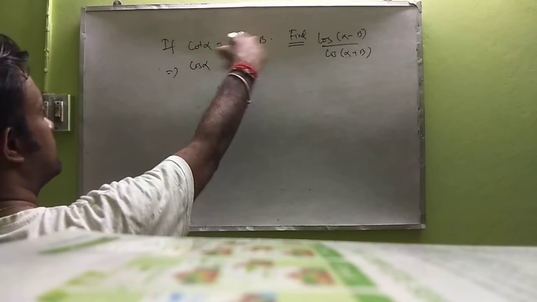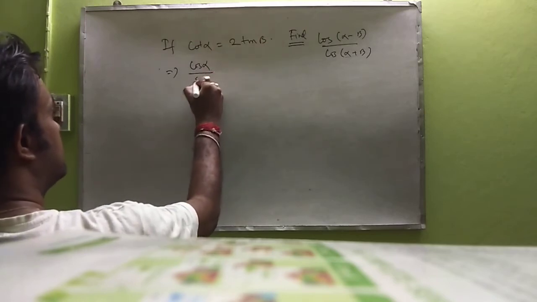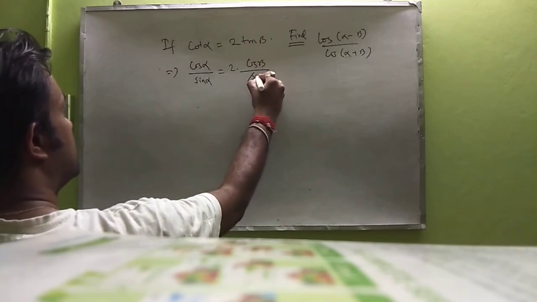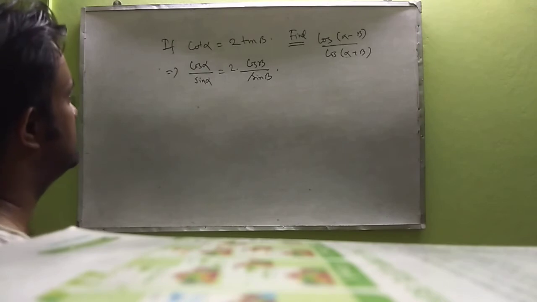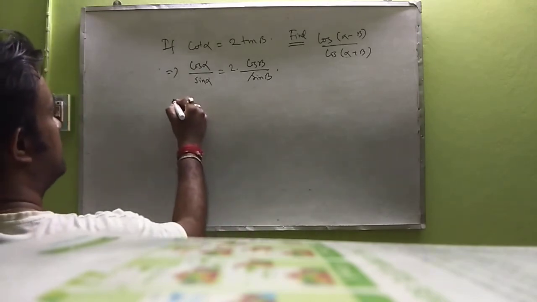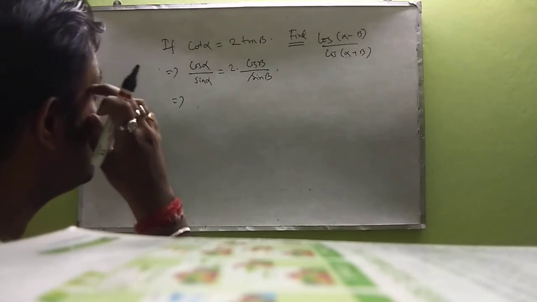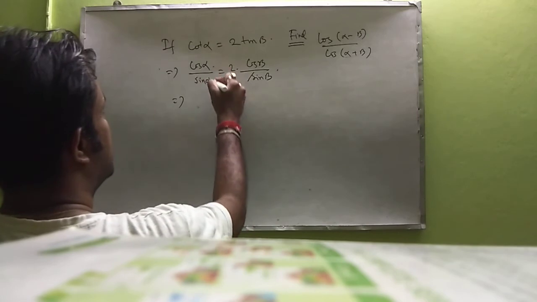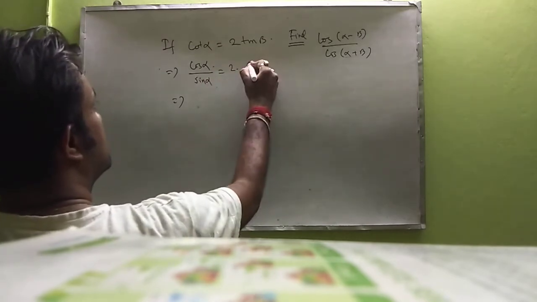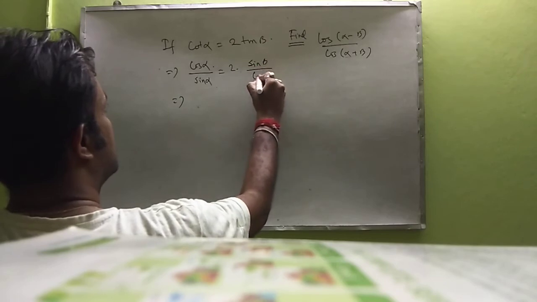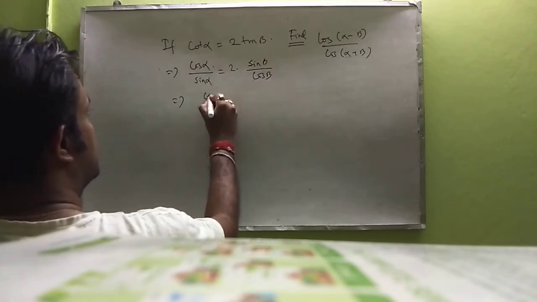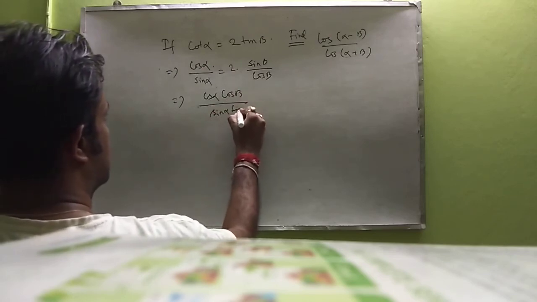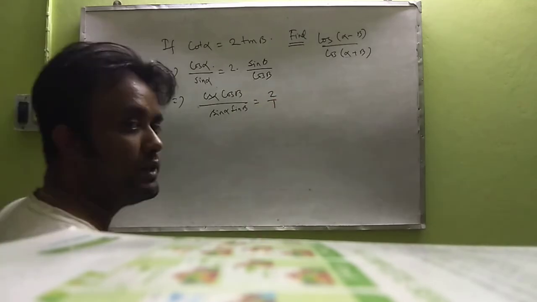First we use the given condition: cos alpha by sin alpha is equal to 2 into cos beta by sin beta. Now what do we do? Cos alpha sin beta by sin alpha cos beta is equal to 2 by 1, by cross multiplying.